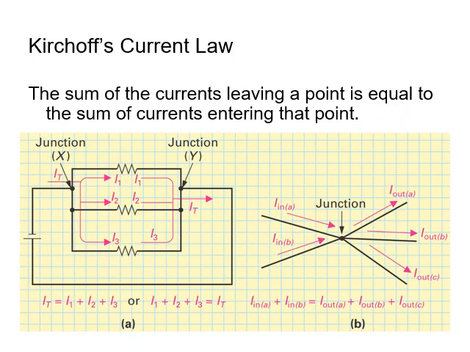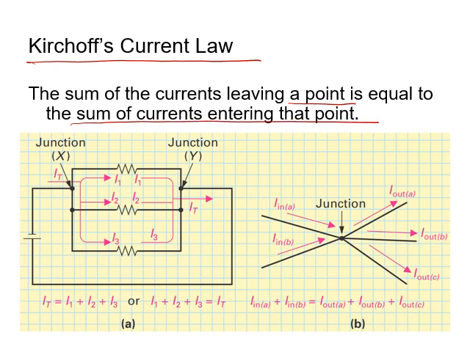Okay, so here we talk about Kirchhoff's current law, and this is like the conservation of matter. The sum of current leaving at a point is equal to the sum of current entering at that point.